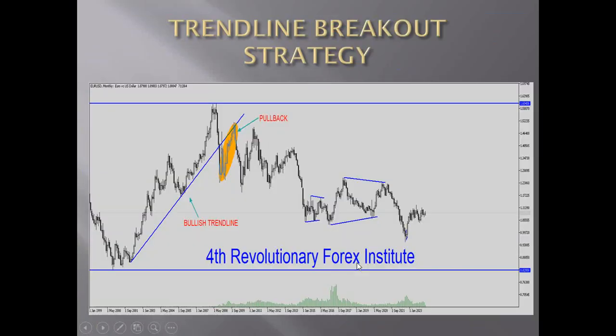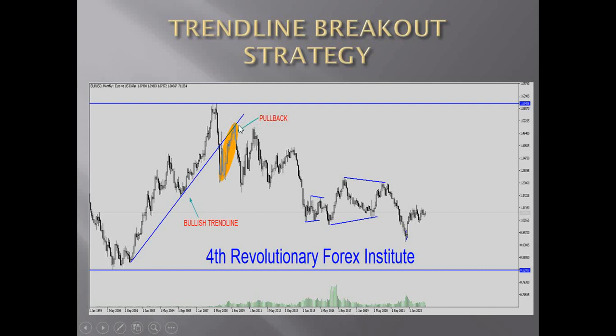Let's go back to our video. So number one, there must be a trend line in order for you to trade a breakout strategy. Number two, the market must break the trend line with a strong or impulsive movement. Number three, the market must form a correction pattern, or corrective pattern.